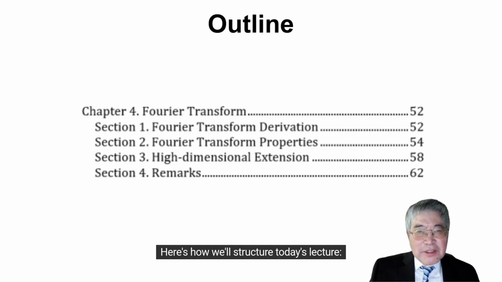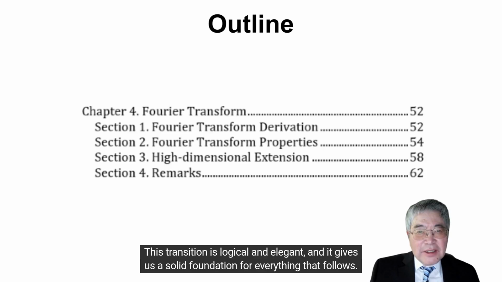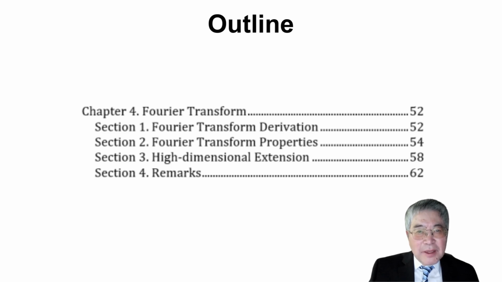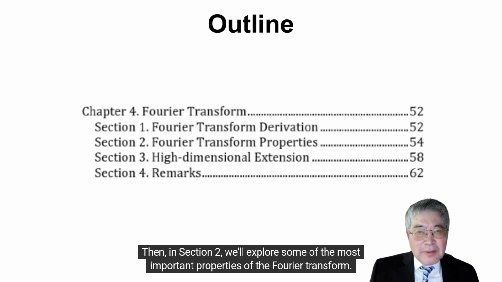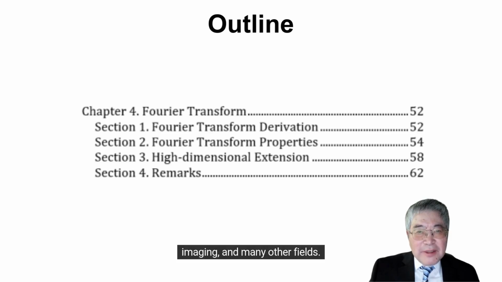Here's how we'll structure today's lecture. First, in Section 1, we'll talk about how the Fourier transform is derived from the Fourier series. This transition is logical and elegant, and it gives us a solid foundation for everything that follows. Then, in Section 2, we'll explore some of the most important properties of the Fourier transform. These properties aren't just mathematical curiosities, they're practical tools used in signal processing, imaging, and many other fields.